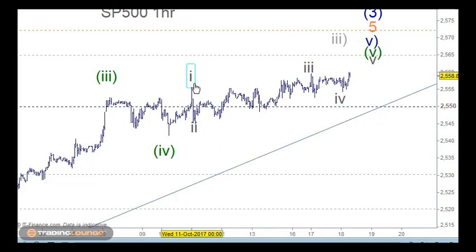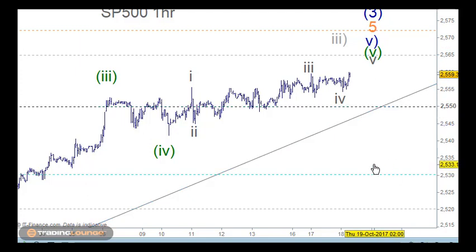So we're looking at wave 1 here, and then 1 and 2 and 3 and A, B, C for 4, and then 1, 2, 3, 4 and 5 to the 3rd wave, the 4th wave here, and then the 5th wave moving up slightly higher here for these series of 5th waves ending in here.